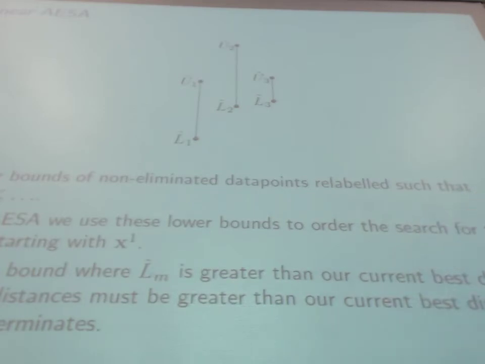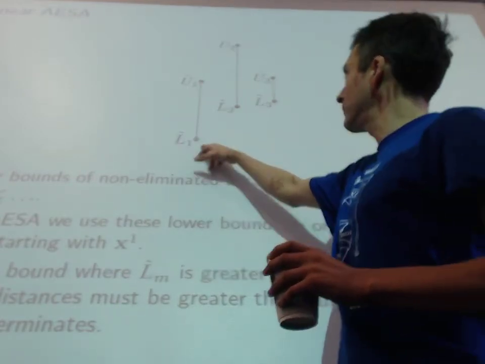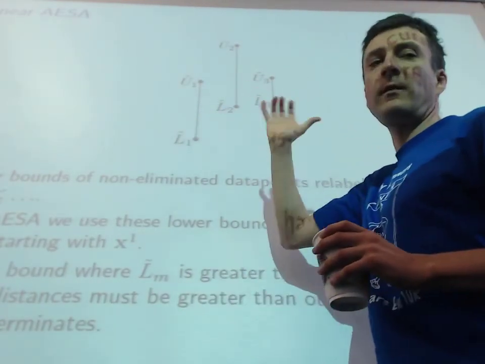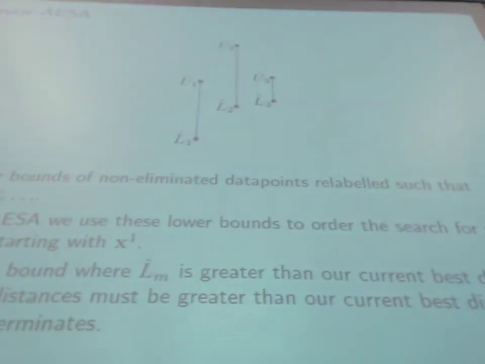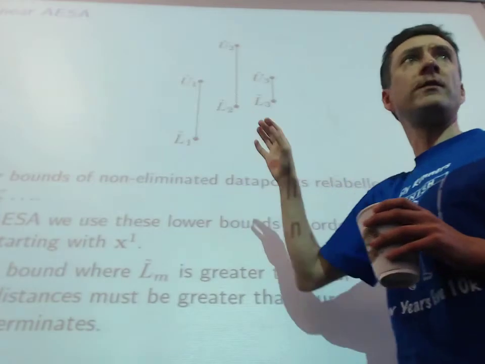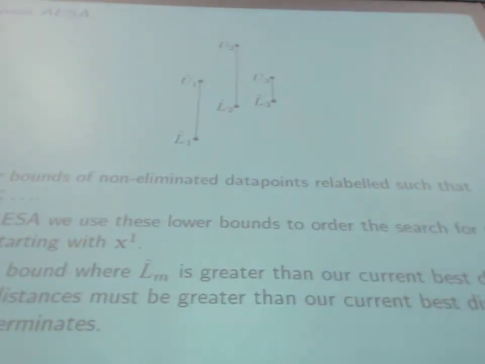One thing that you can do then is to reorder or resort the data points, say by lowest bound value first. So this one, this one, this one. I call them, after relabeling or reordering the data points, the remaining data points. Then you might say, I'll start with this one, and I'll check what the real distance is between q and x1.